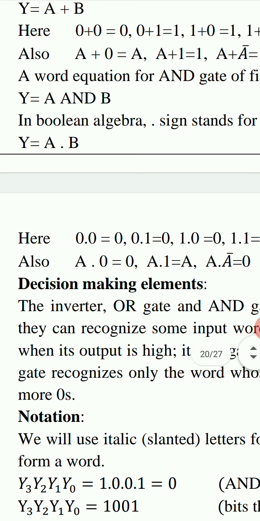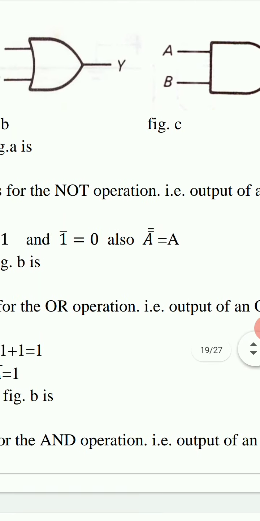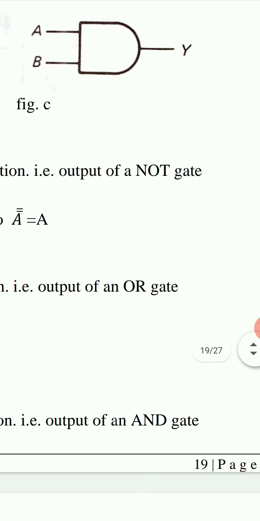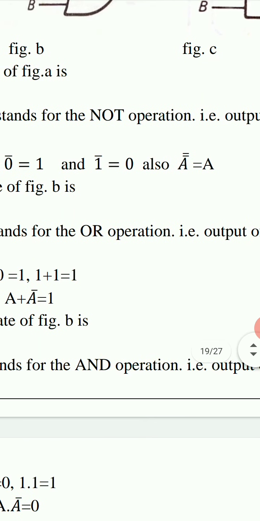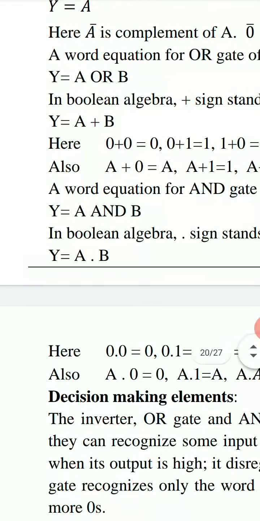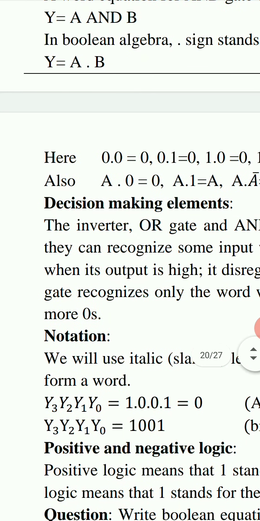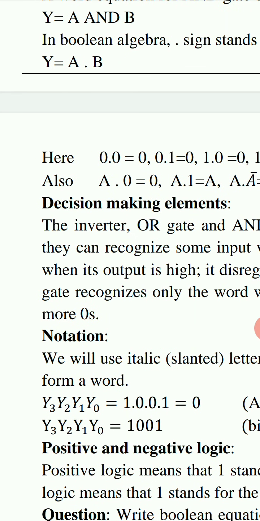Now next gate is AND gate. This is the symbol of AND gate, and its output Y is written as Y equal to A AND B. AND is in capital letters. This represents AND operation.